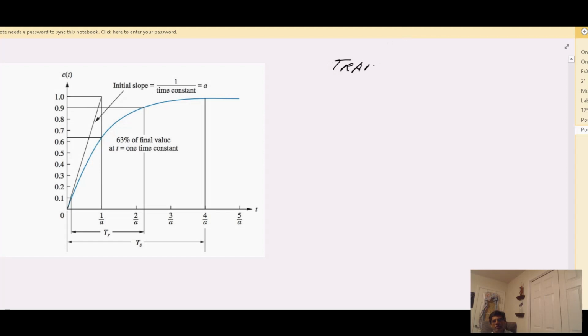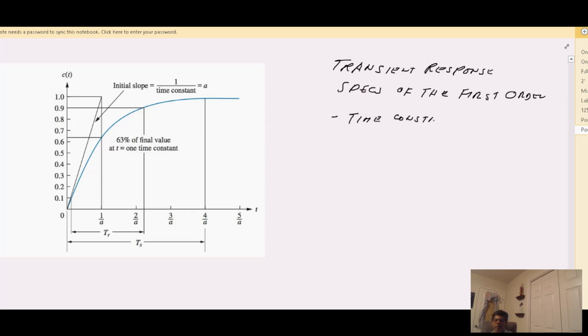Transient response specifications, or specs, of the first order system. Now, what do we mean when we say transient response specs, such as the time constant? We are going to talk about what that is.